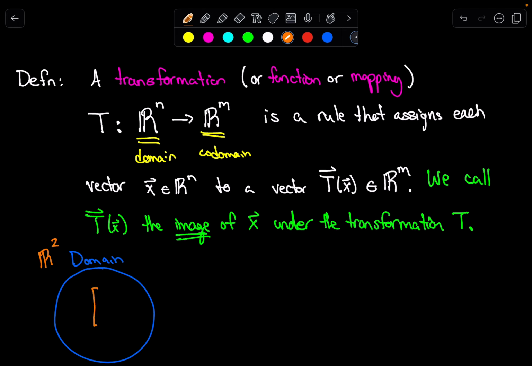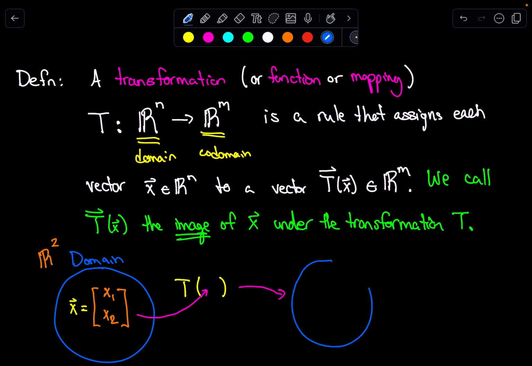So it takes a generic vector that has x1 and x2 in here, and T maps it to where I plug in my vector x. Remember, this is my vector x from R2. I plug this vector in to my transformation, and then what do I get out? Well, I'm going to get out some new vector, and just like in regular algebra, we would get f of x, out here we're going to get a vector T of x.